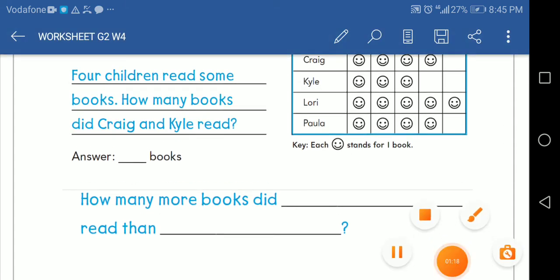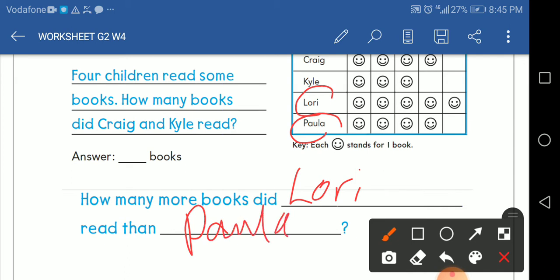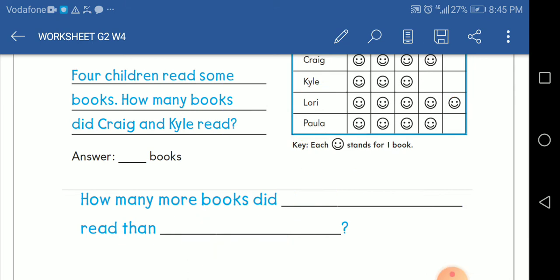I can say how many more books did Lori read than Paula? So Lori read how many books more than Paula? We got just one book more than Paula as we see here.